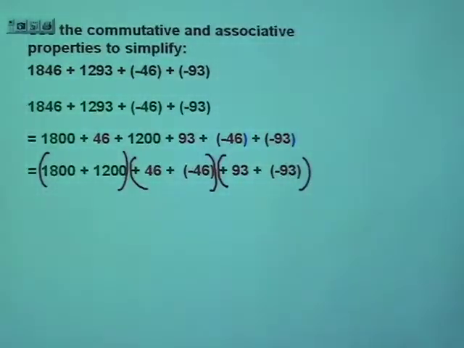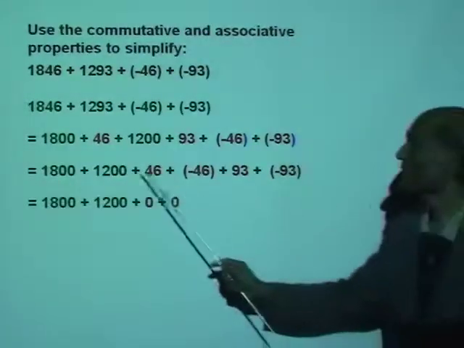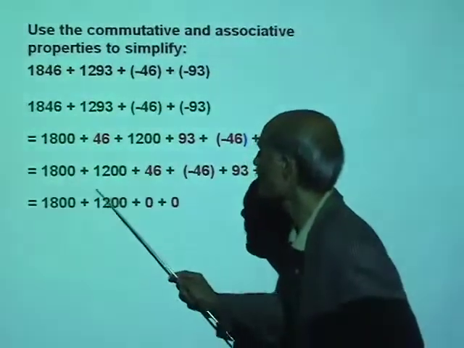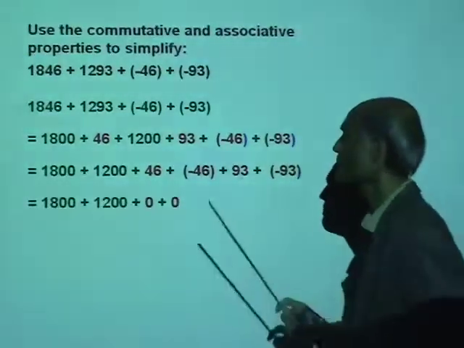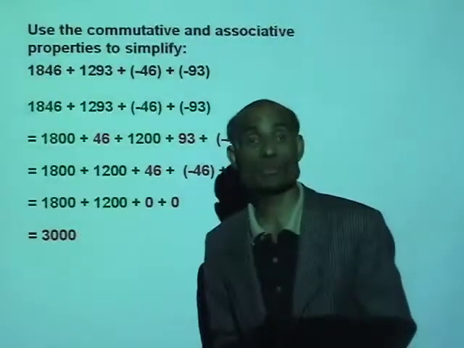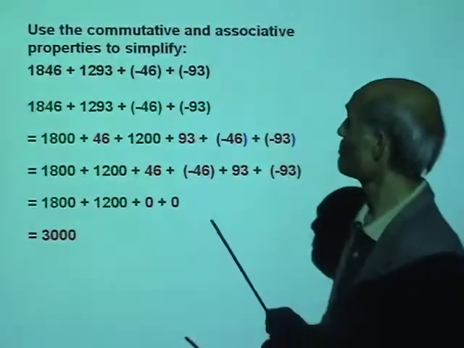Okay? Alright, let's move on. So that will be 1800 plus 1200 plus 0 plus 0, and that is 3000. A very good way to use that property.